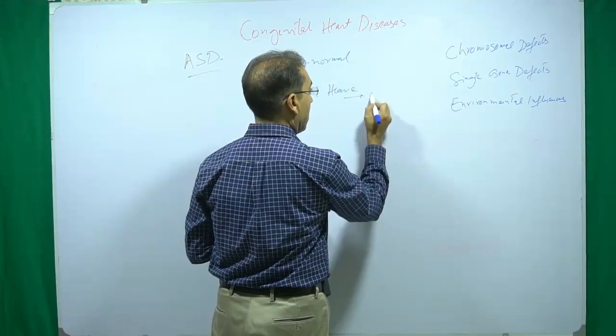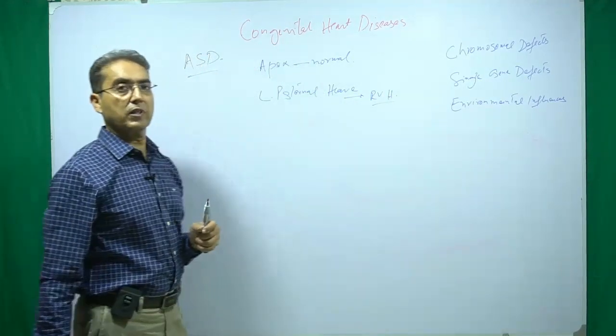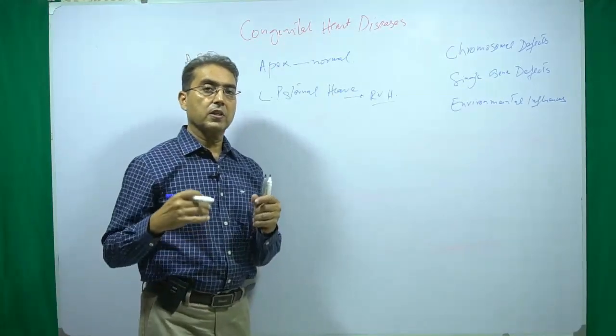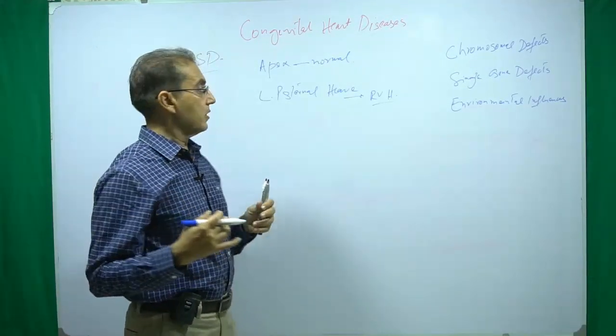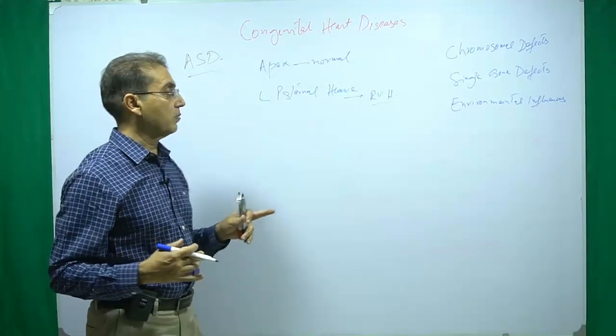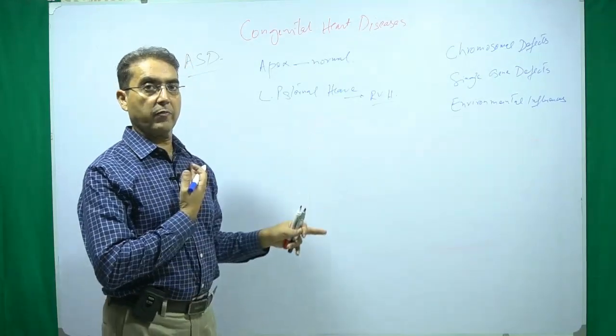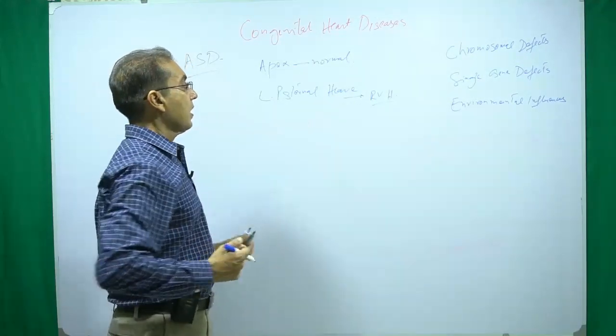That is because of RV hypertrophy, right ventricular hypertrophy, when there is a persistent elevated pressure in the pulmonary circuit against which the right ventricle has to eject large amounts of volume. The right ventricle starts hypertrophying, and then you see a left parasternal lift here.